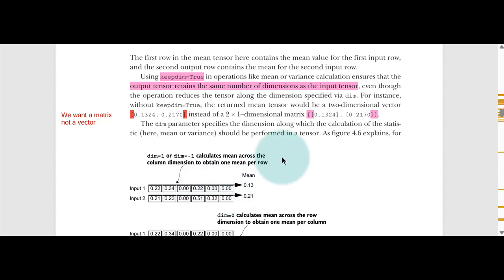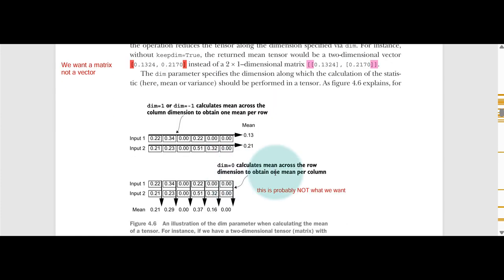But anyway, it is per row, or we can say across the columns. Okay, so unfortunately, that's the way our language works. We could have done it the other way, calculated the mean here, but that's probably not what we're interested in, or at least that's not what he's interested in.